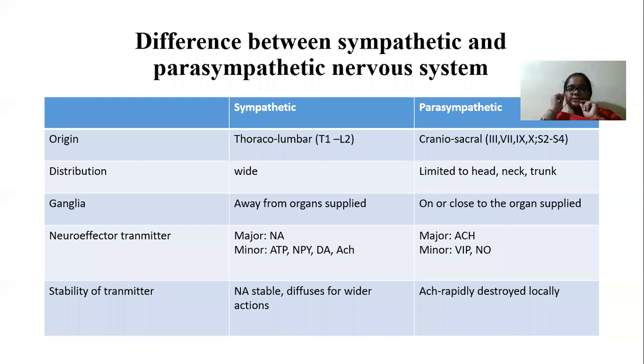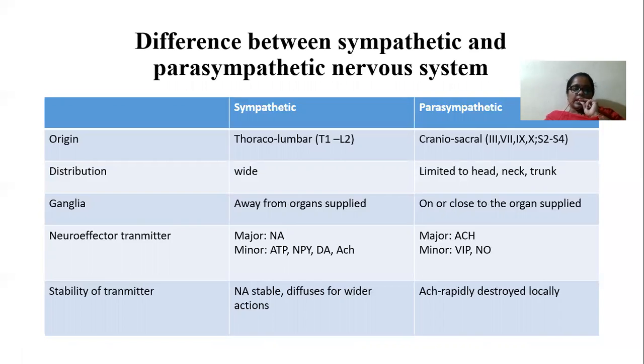Next, what are the differences between the sympathetic and parasympathetic nervous systems? The origin of the sympathetic nervous system is the thoracolumbar division, and the parasympathetic nervous system is known as the craniosacral division. Why? Because it extends from cranial nerves 3, 7, 9, 10, and the sacral region S2, S3, S4. The distribution of the sympathetic nervous system is very wide, but the parasympathetic nervous system is somewhat limited to the head, neck, and trunk.